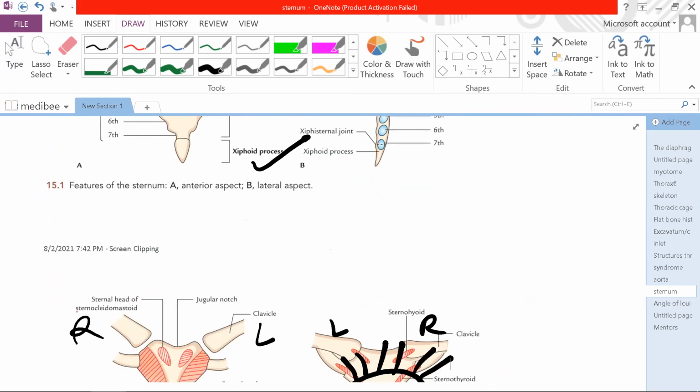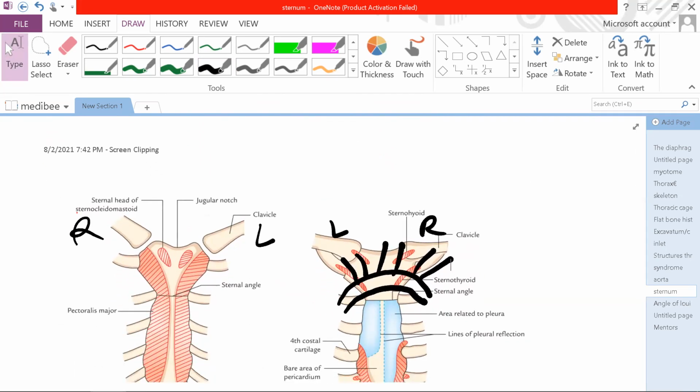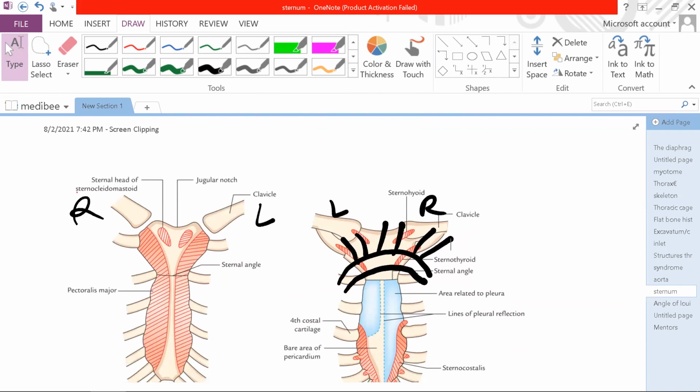This is the important relation of the posterior surface. Now, whenever we read any bone in anatomy, we read about the attachment of muscles. So the manubrium has important muscles attached. On the anterior aspect, on the upper side, the muscle is the sternal head of sternocleidomastoid. This muscle has three parts: sterno means sternum, cleido means clavicle, and mastoid goes to the occipital skull bone.